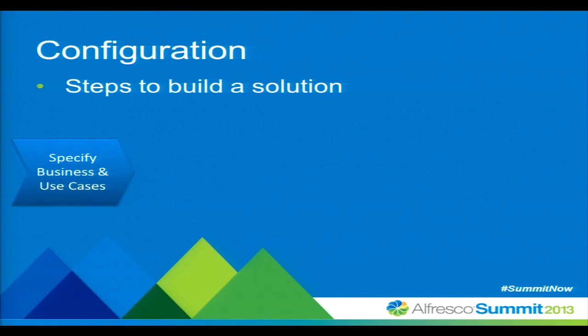So how does it work in general? We will see this later on, also in a live demonstration, how configuration works. But here in general, I want to wrap up shortly what we do with Workdesk. Those first two steps are independent from Alfresco Workdesk. The first thing you have to do every time is define your business cases and your use cases.